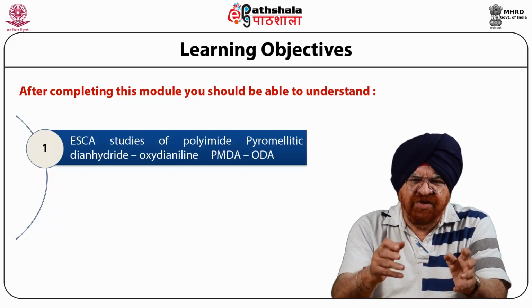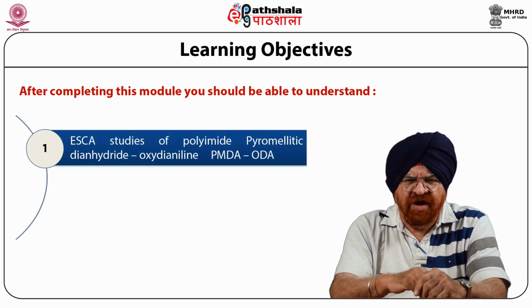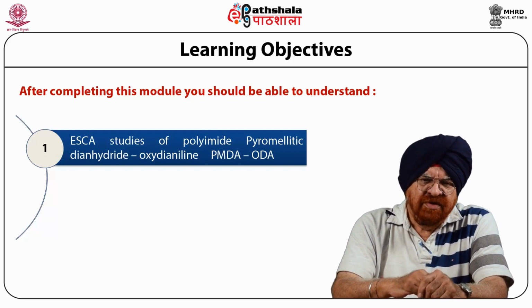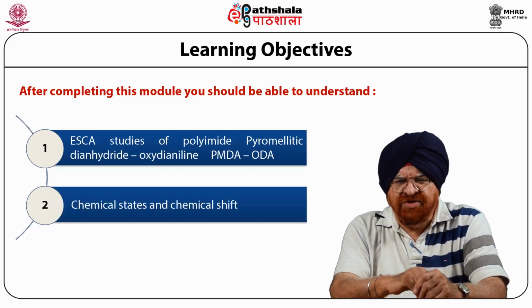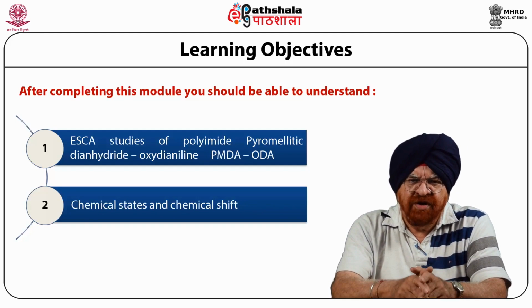So the ESCA studies of some of these compounds can be conveniently done while they are on the surface. Chemical states and chemical shifts can be very precisely measured with the help of this equipment.